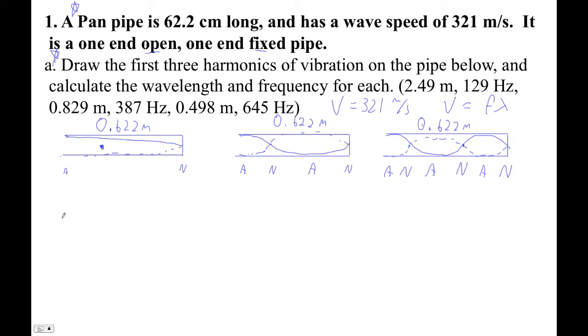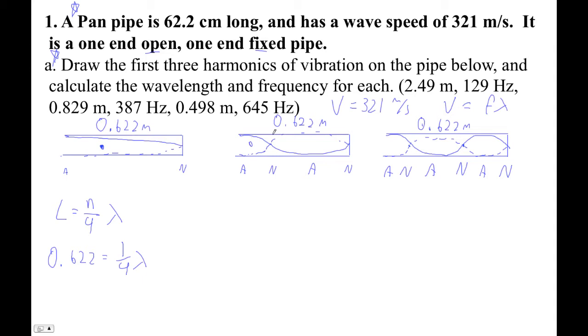Basically, the general form for this is the length of the pipe is some number of quarter wavelengths. You can always count quarter wavelengths, and with one end fixed, one end open, you're always going to have a spare quarter wavelength hanging out at the end of the pipe. Here we've got just one quarter wavelength, so 0.622 is one quarter wavelength.